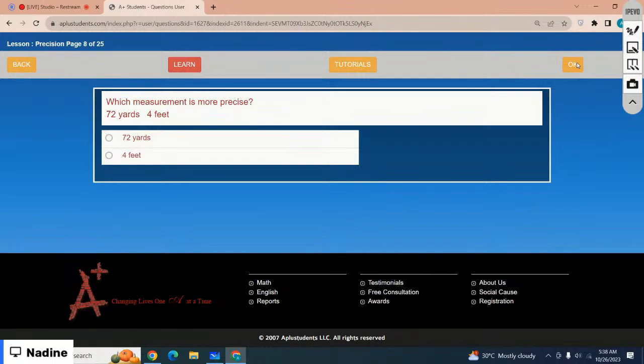Which is the correct option? The correct option is 4 feet.